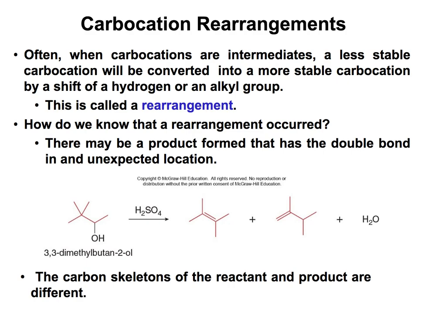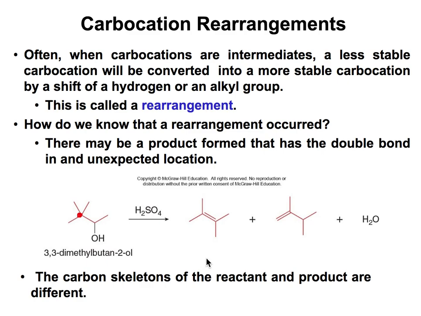We usually know that a rearrangement has happened because our molecule doesn't look quite like the product. So like if we look at this molecule right here, where we have three methyls coming out of the same carbon, if you look at the products, one of those methyls is no longer there, right? And so that is a sign that you got a rearrangement.